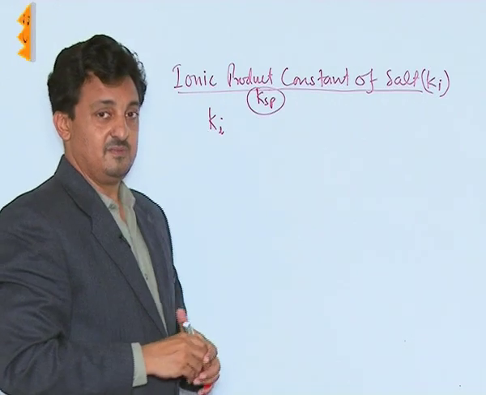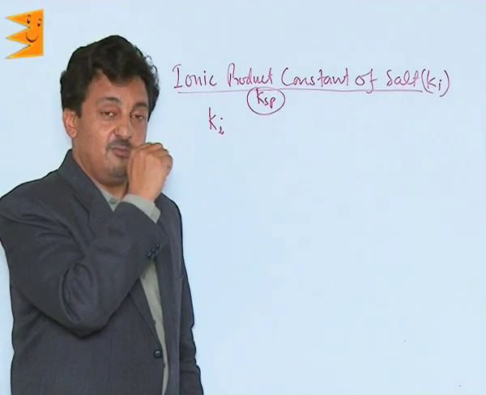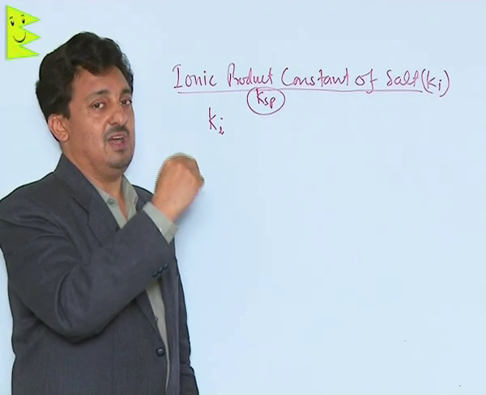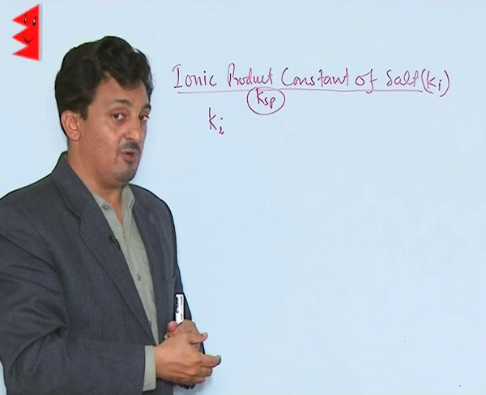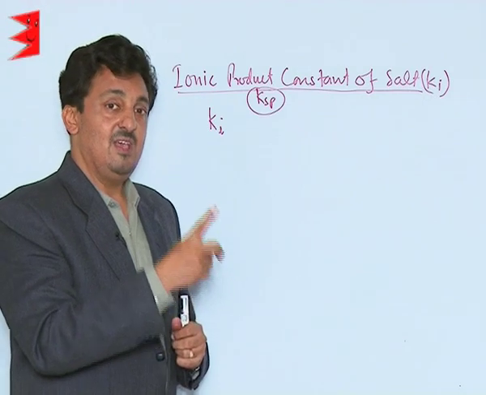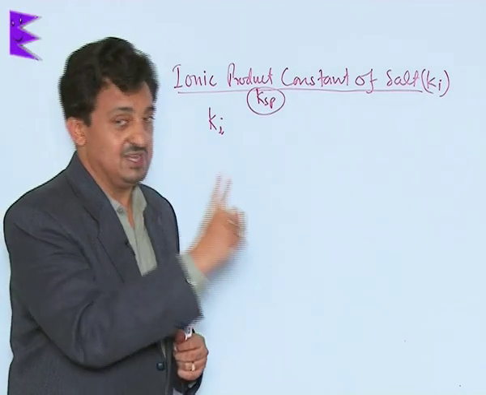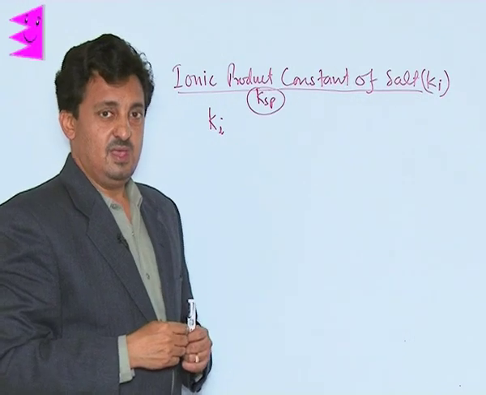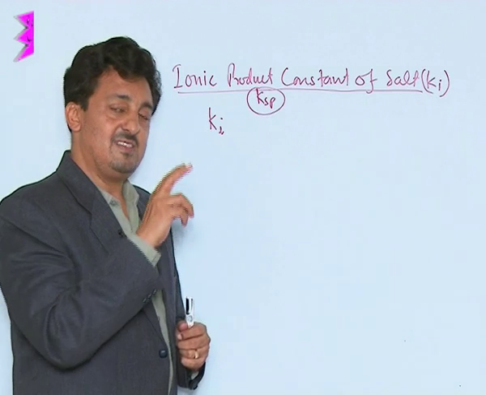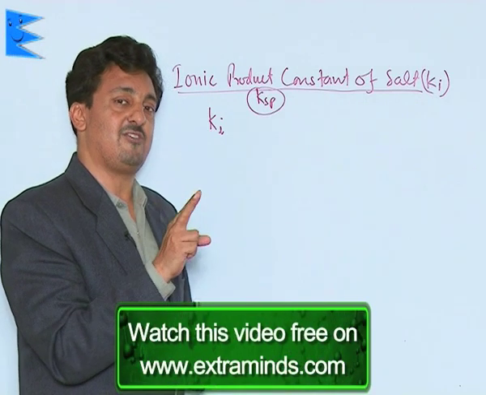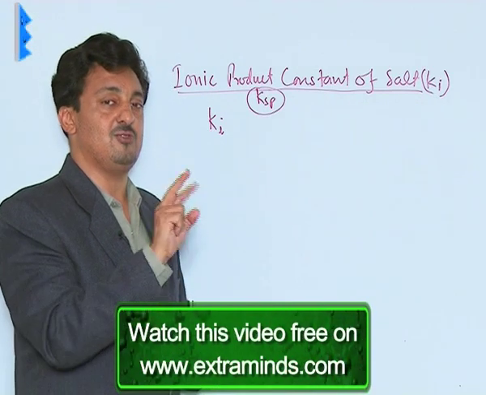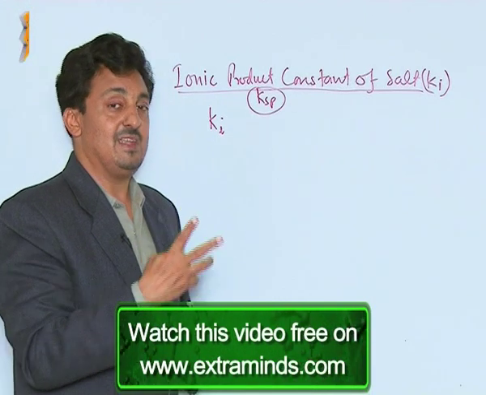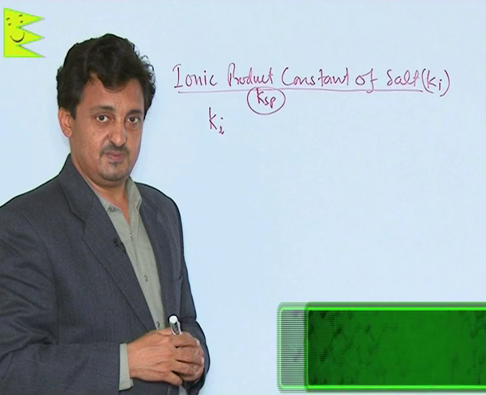The only difference is KSP is the product of molar concentration of the ions raised to the power their number of ions obtained from the one molecule of the salt when they form a saturated solution, because it is involving the solubility. But what is this Ki? It is again the product of the molar concentration of the ions of the salt raised to the power the number of ions given out by one molecule, but at any concentration.